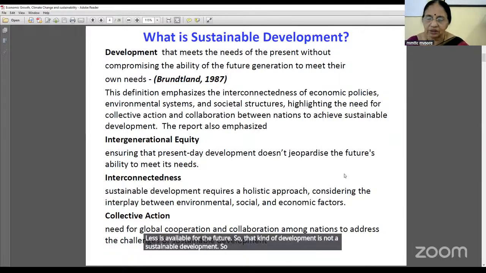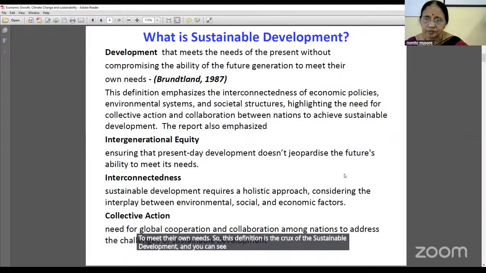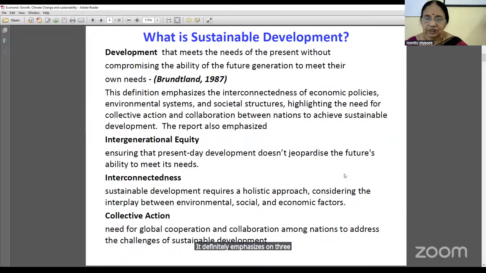So how she defined it is, it is the development that meets the needs of the present generation without compromising the ability of the future generation to meet their own needs. This definition is the crux of sustainable development, and you can see that it emphasizes three important things. One is intergenerational equity.